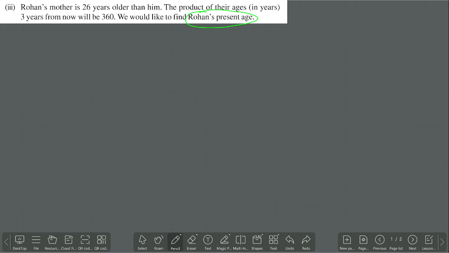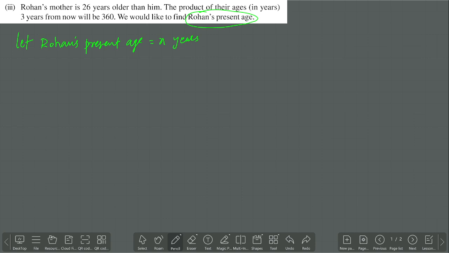Right, fine. Now we'll assume Rohan's present age as x. Rohan's present age is equal to x years.